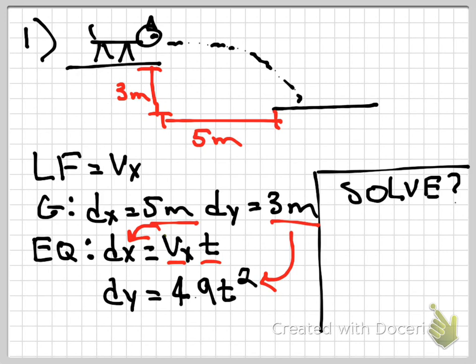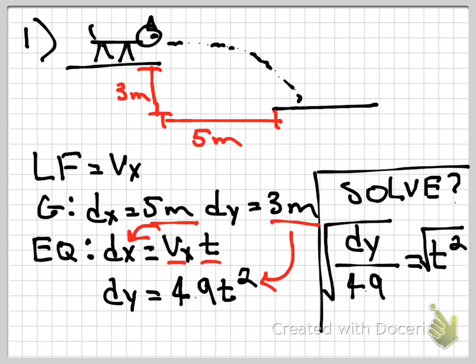And remember, to solve for something algebraically with a square, you need to use a square root. If we divided 4.9 to both sides and had t squared by itself, we would need to take the square root of both sides.